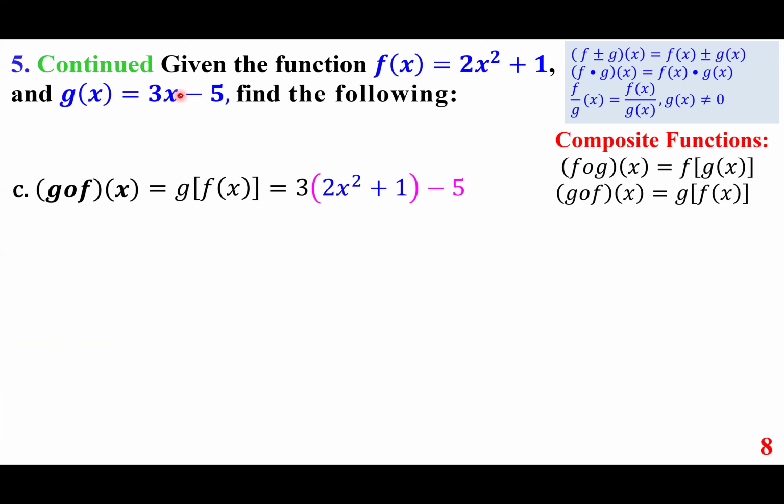That's the meaning of it, everybody. And so this is 6x squared plus 3, positive 3 and negative 5, they add up to negative 2.